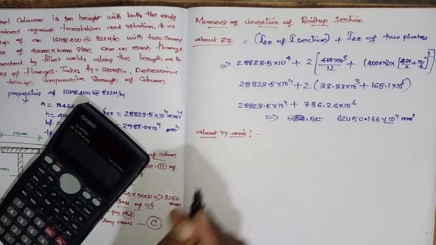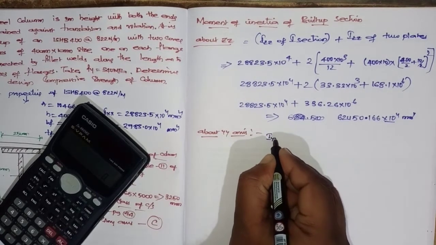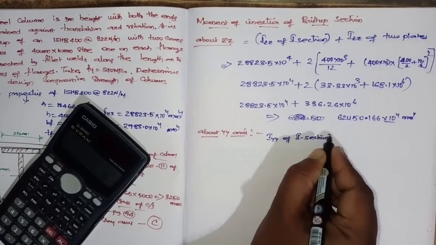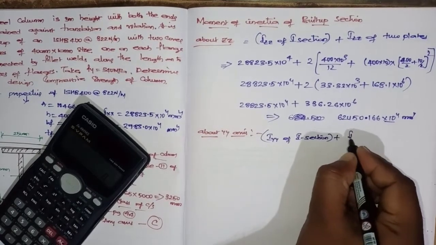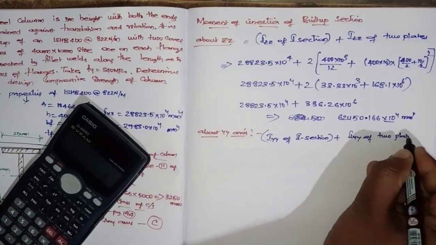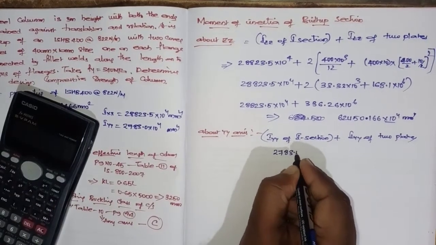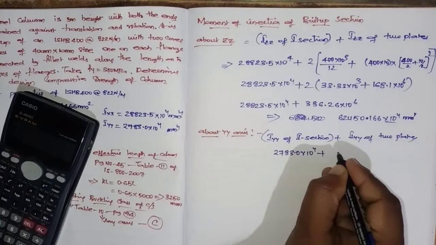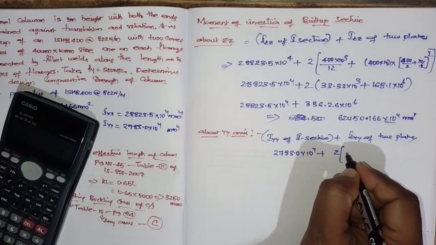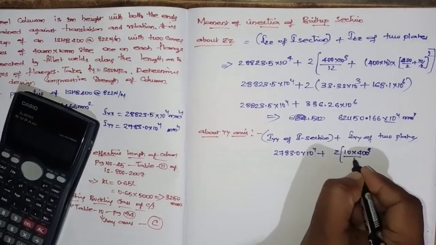for that, the same IZZ of built up equals IYY of built up equals IYY of I section, plus IYY of two plates. So what is IYY of section? 2783.0 into 10 power 4 plus 2 into 10 into 400 cube by 12.